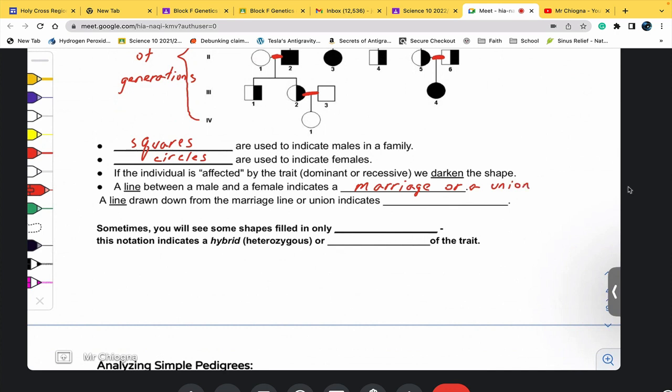Anyways, it says here a line drawn down from the marriage line or a union indicates offspring. It spans out in either direction because there's more than one offspring in that case. Line down, there's the offspring. Line down to the left and to the right, two offspring. Line down, one offspring.